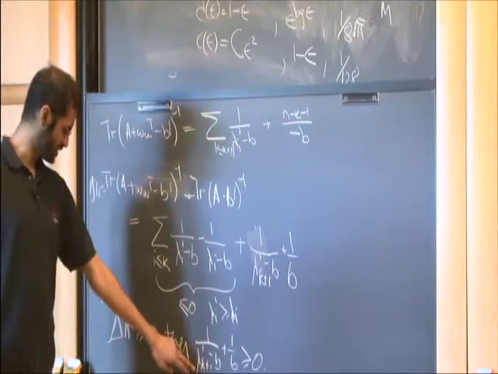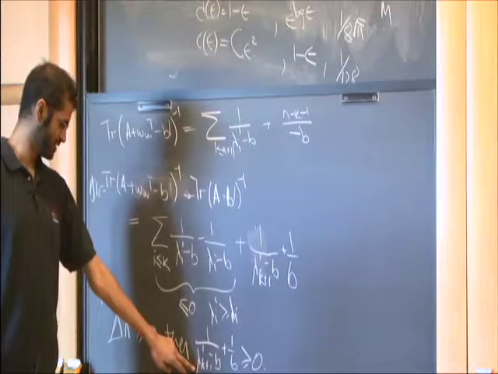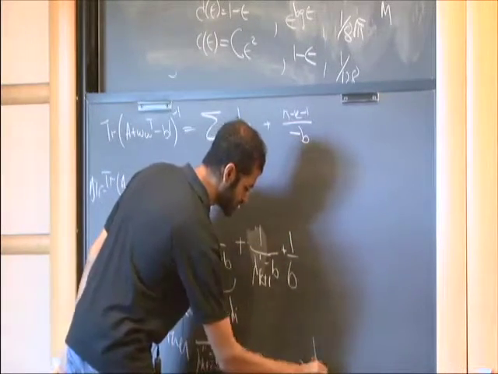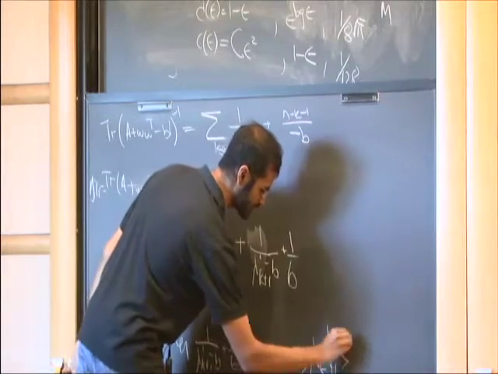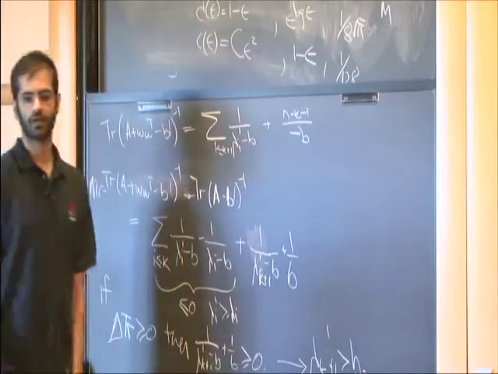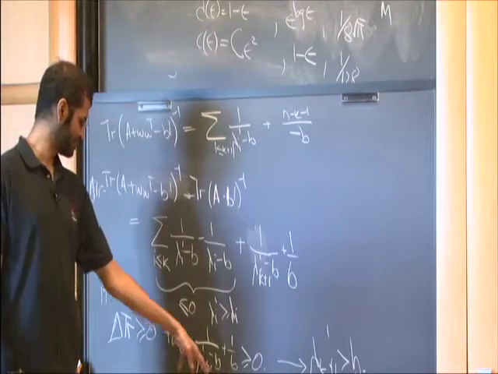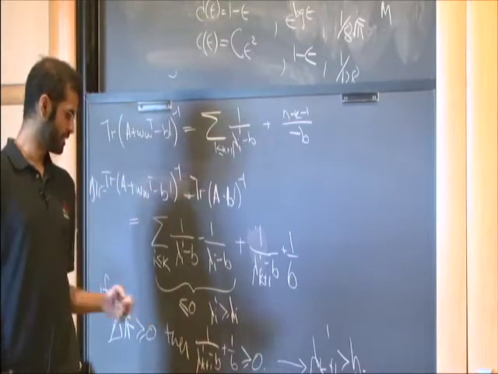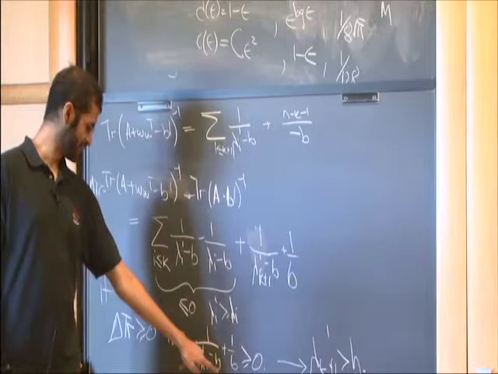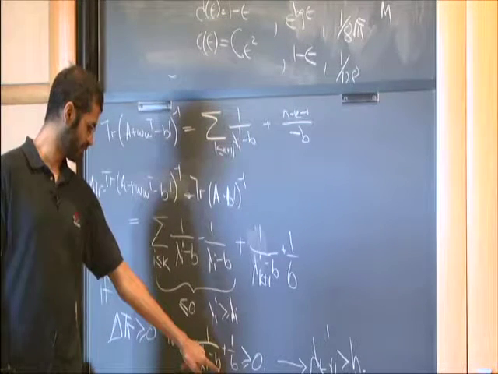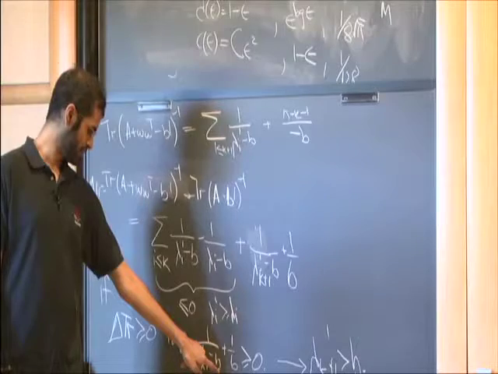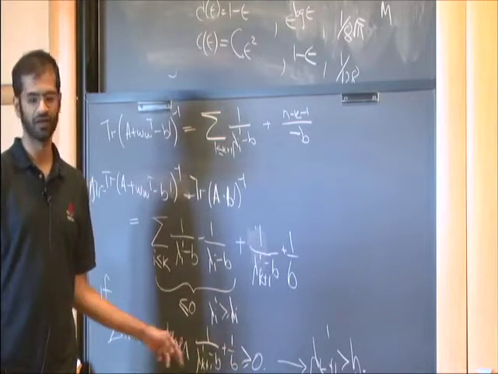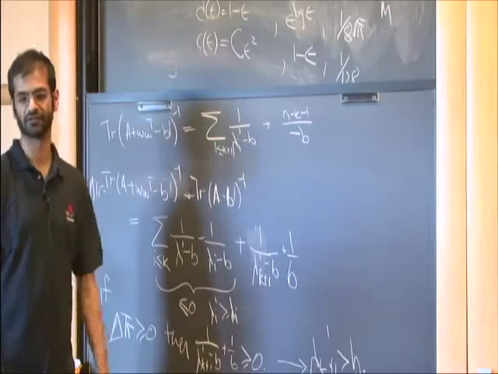And now if you rearrange this, you get that lambda k plus 1 prime must be bigger than B, because you get this from looking at that picture of that graph over there. So if lambda k plus 1 prime is anywhere less than B, then this number is more negative than minus 1 over B. So this thing is negative. So this thing better lie on the right-hand side of B. Okay?